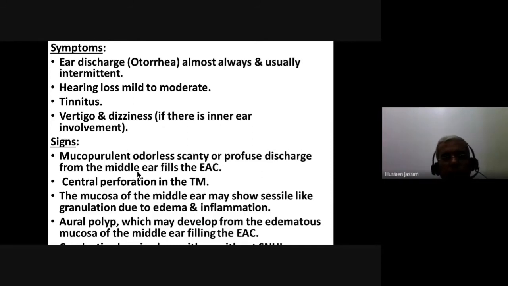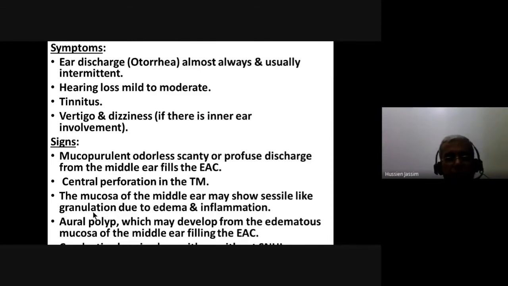The signs we see are mucopurulent, odorless, scanty or profuse discharge from the middle ear filling the external auditory canal. Of course, the odor is slight or absent in the mucosal type. We see a central perforation in the tympanic membrane. Then the mucosa of the middle ear may show sisal-like granulation.